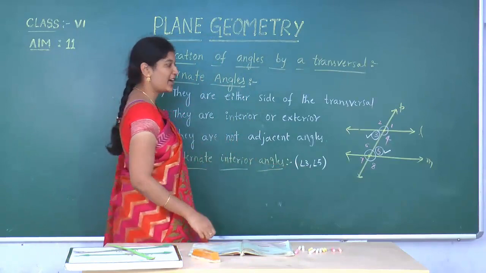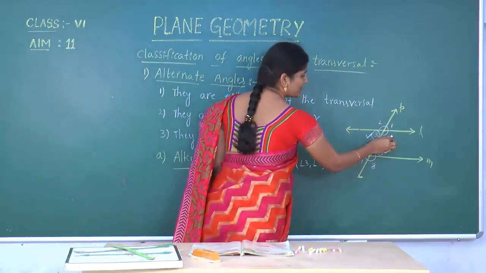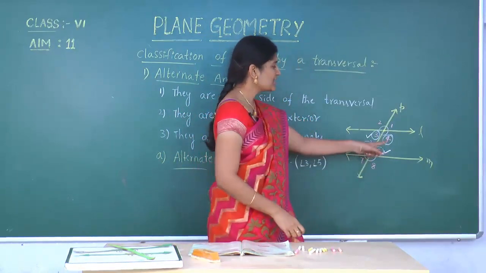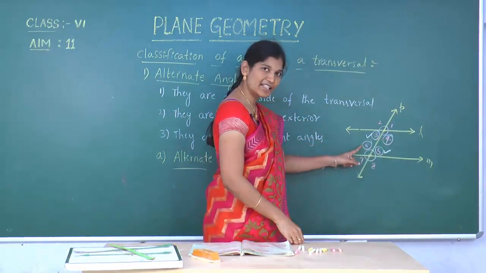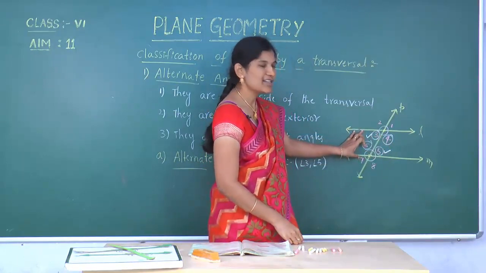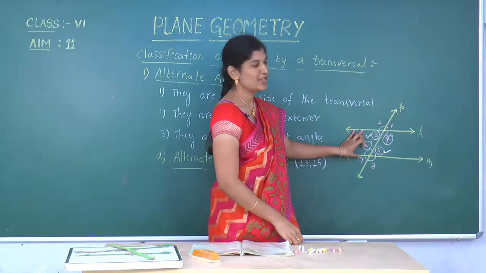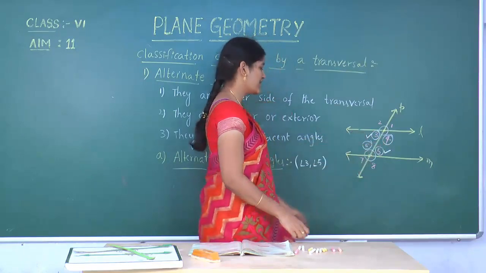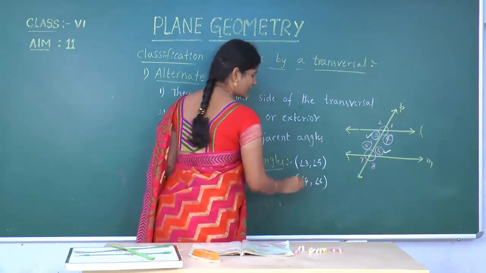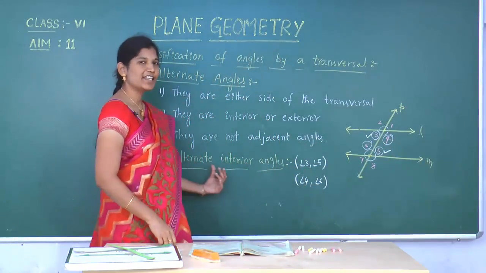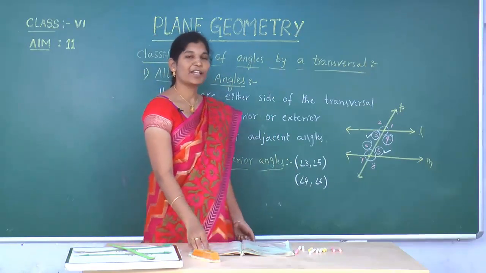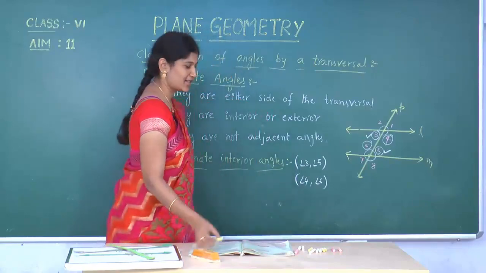Let me identify one more pair. If you observe this 4 and this 6, these two angles are also either side of the transversal, and they are not adjacent, and also they are interior angles. So I can say angle 4, angle 6 are also a pair of alternate interior angles.